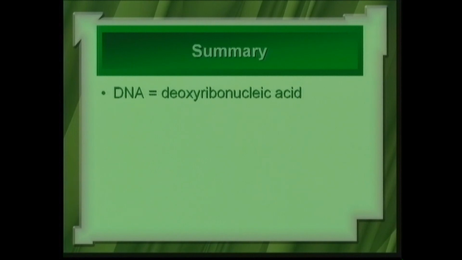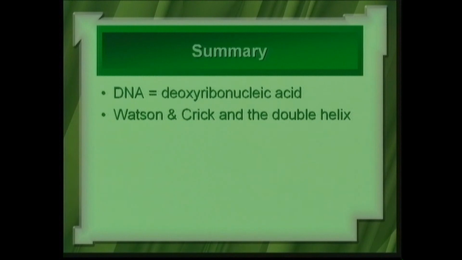Okay, now we're going to come to the summary of our talk today. All right, for one thing, we went over deoxyribonucleic acid, the stuff of which our bodies are made. Our DNA codes for all parts of our bodies, all the chemicals that we produce, and all the different personality traits are probably encoded in our DNA. Okay, we talked about Watson and Crick. Also Rosalind Franklin.